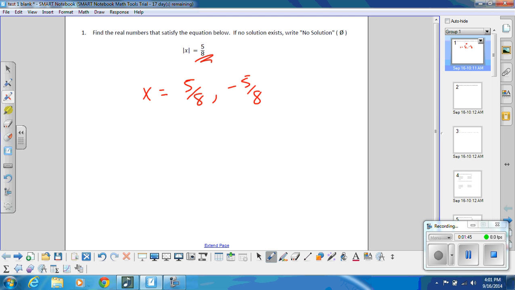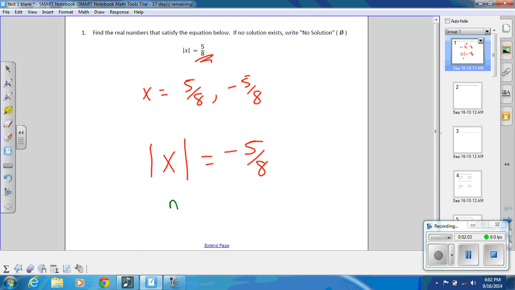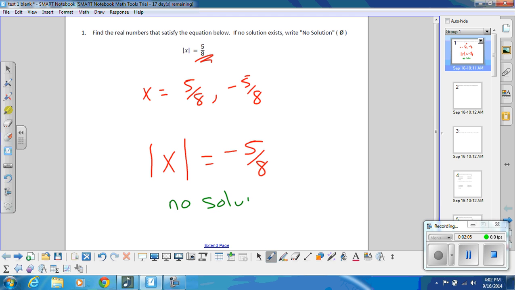I want to show you an example of a trick question that you'll see on your test. At the beginning they say, write no solution if no solution exists. Well, if you have a problem that looks like this, if it starts out with negative 5/8 is equal to x inside those absolute value brackets, that is an example of a no solution type problem, and you want to write that out.